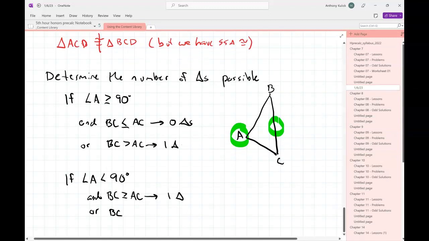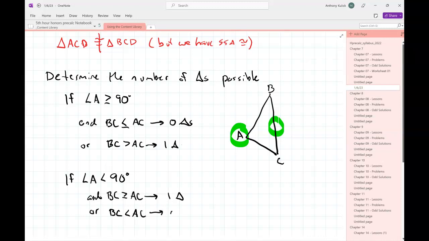But if it is the shorter side, we can't say anything about how many triangles are formed immediately. This is what we refer to specifically as the ambiguous case.